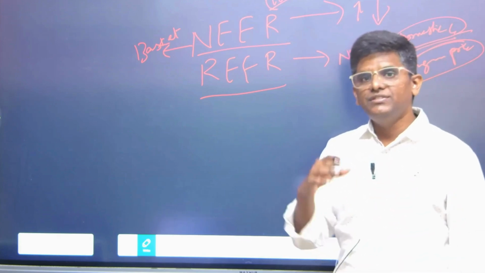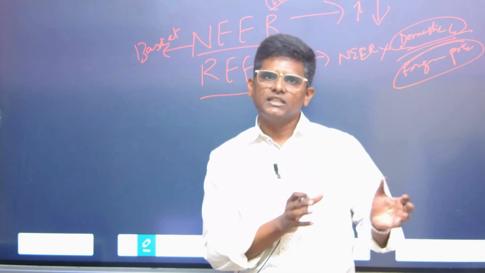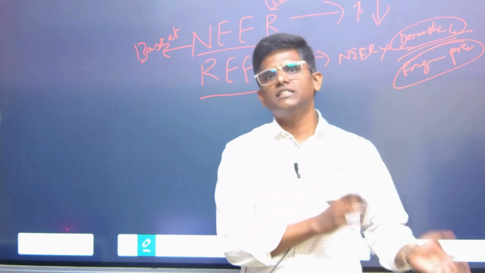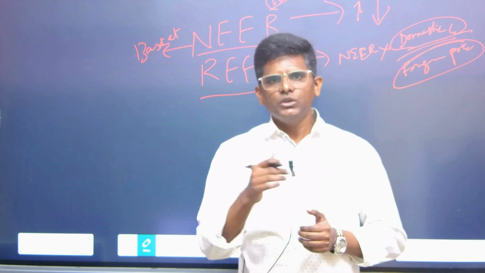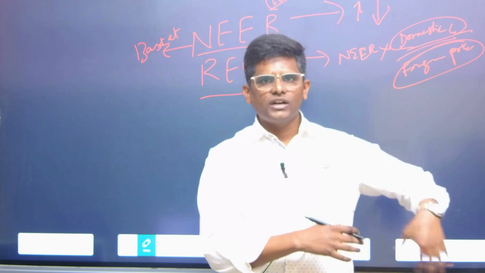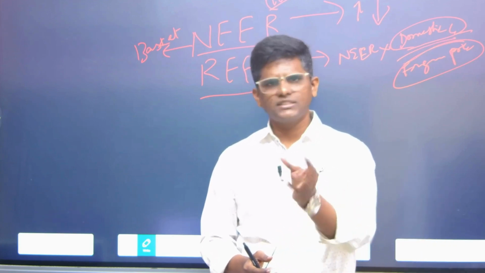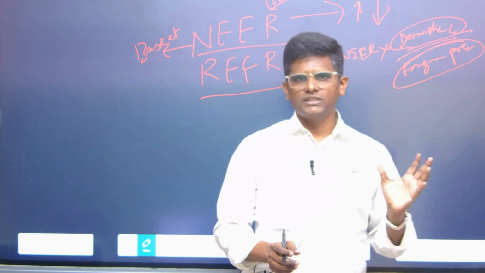How much change is there because of the inflation in the domestic country, and how much inflation is there in the foreign countries? Usually Indian inflation is much higher than foreign countries' inflation. Say if we have 7% inflation, for example, they have say 2% inflation.